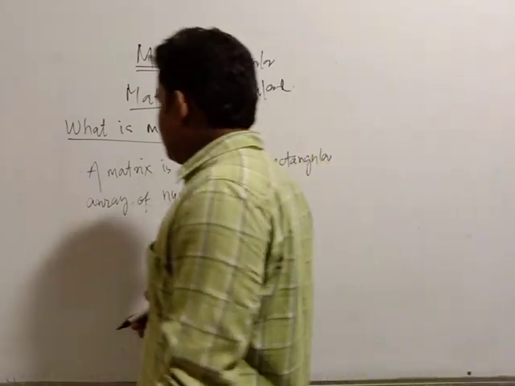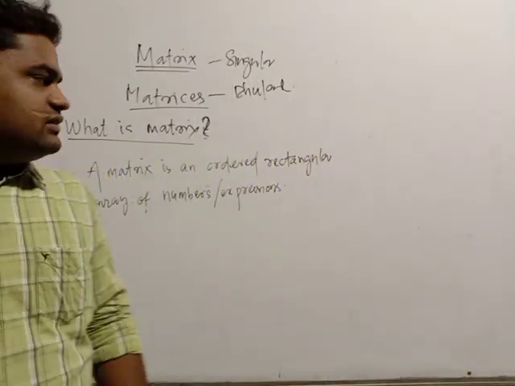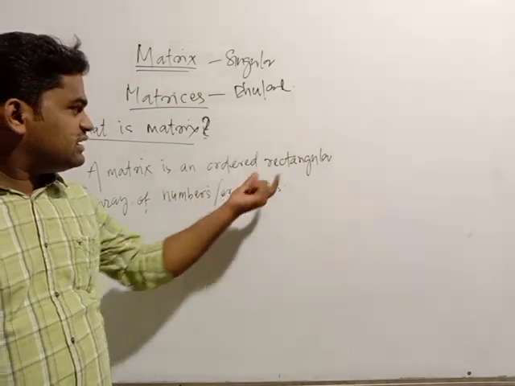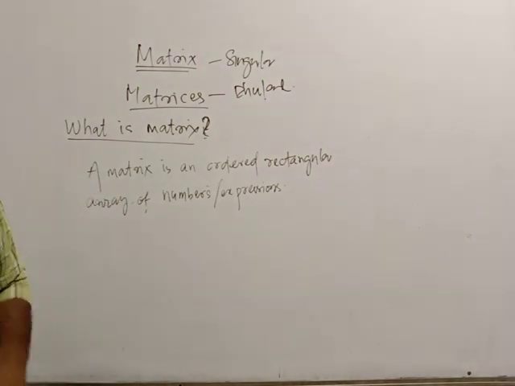That means we have to write the numbers in a rectangular form, and that form is known as a matrix.